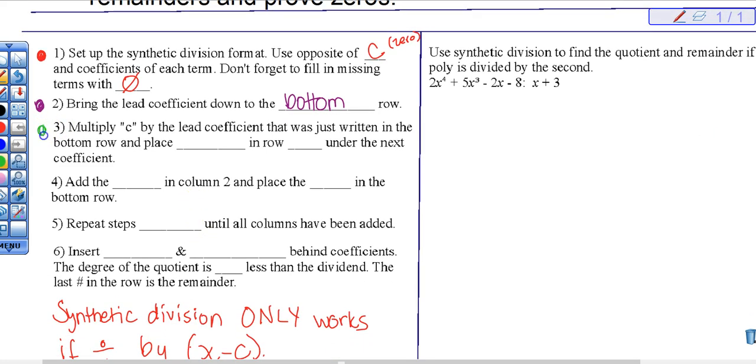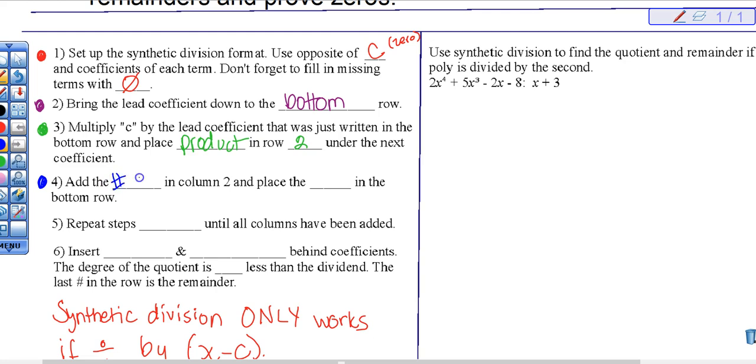Step 3, I'm going to do in green. Multiply c by the lead coefficient that was just written in the bottom row and place the product in row 2 underneath the next coefficient. Then I'm going to switch to blue.